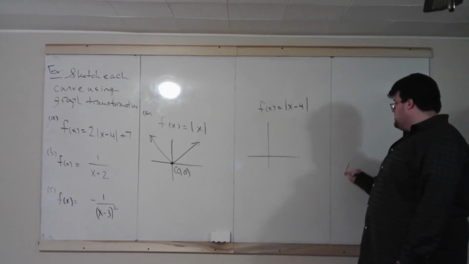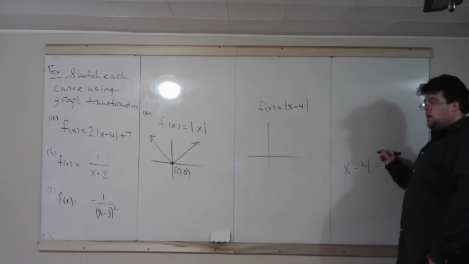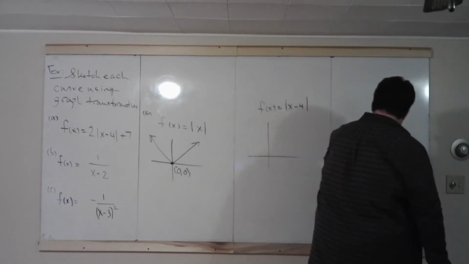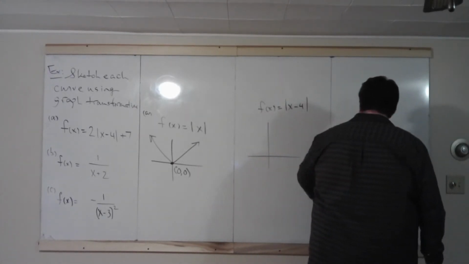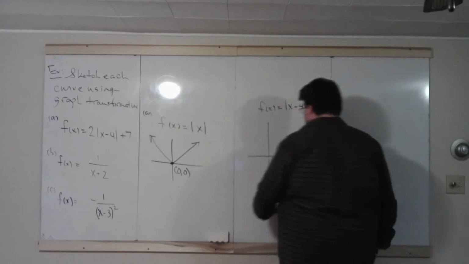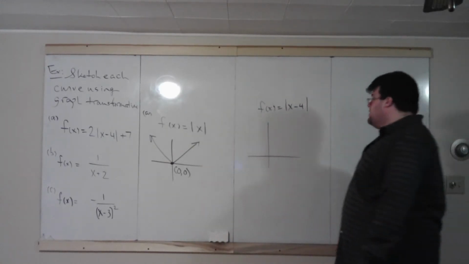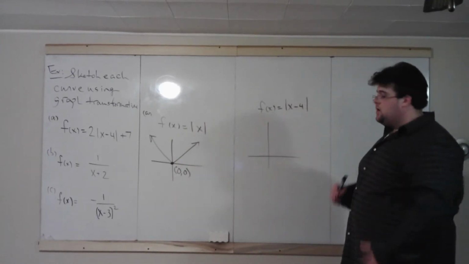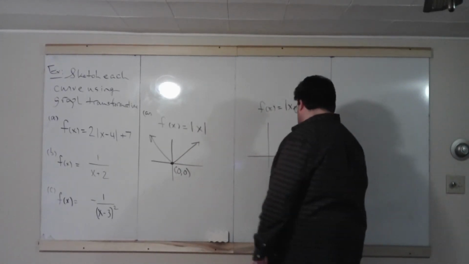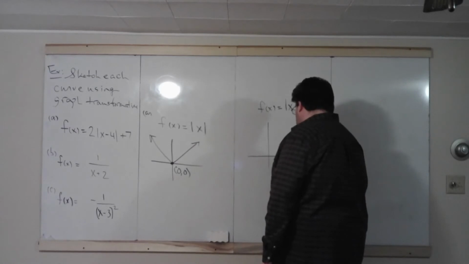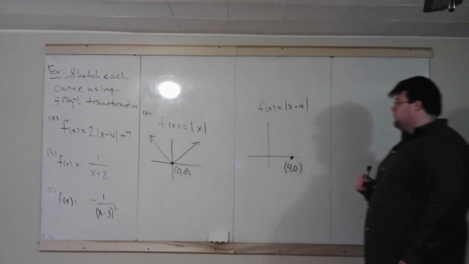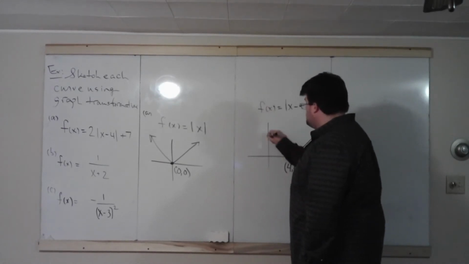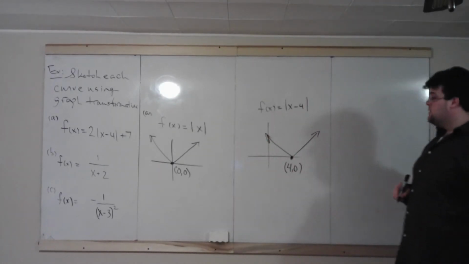When is x minus 4 equal to 0? Well, x minus 4 equals 0 when x equals 4. So what's inside the absolute value here is 0 at x equals 4. Meaning, this point 0, 0 is now going to occur at x equals 4 with this graph transformation. So that corner point goes over here to 4, 0. The rest of the curve is going to go along with it.